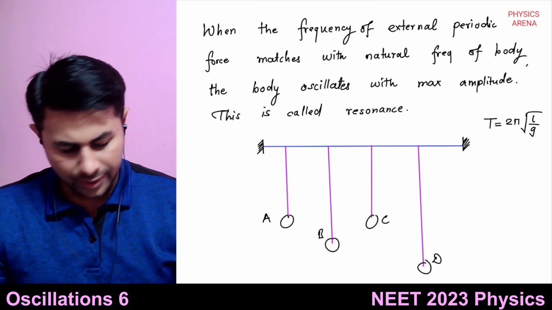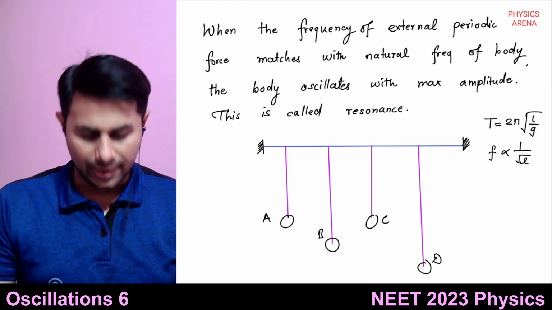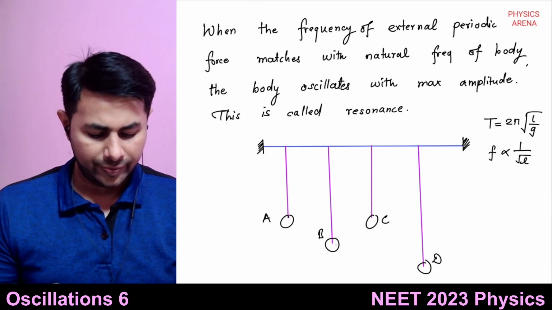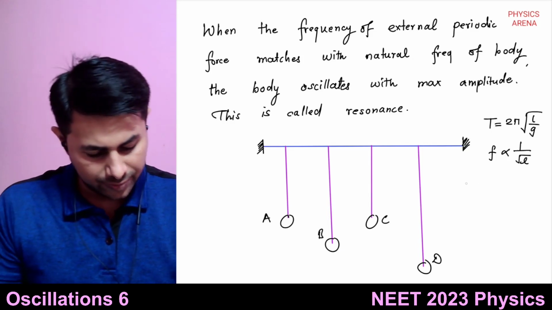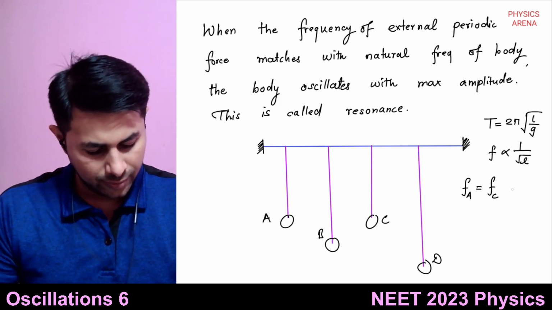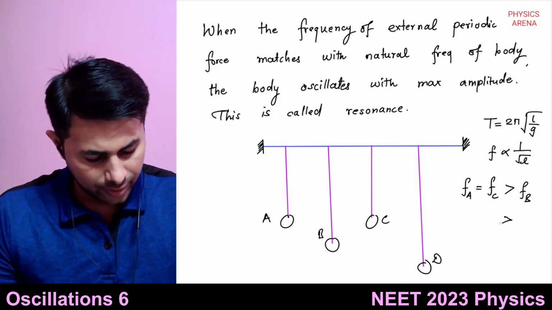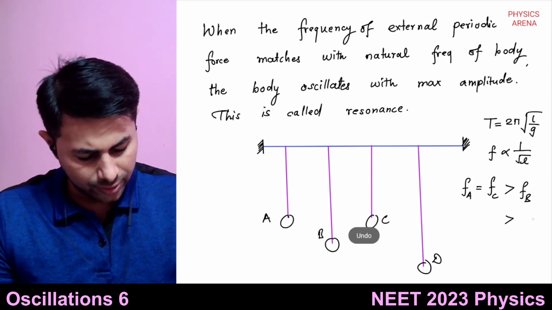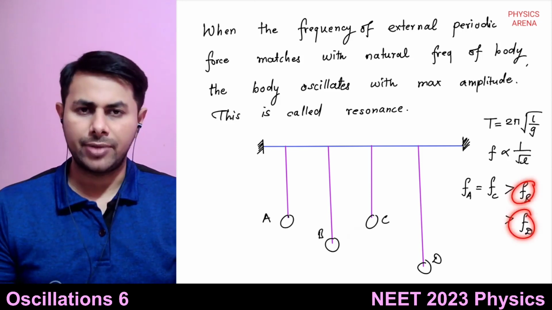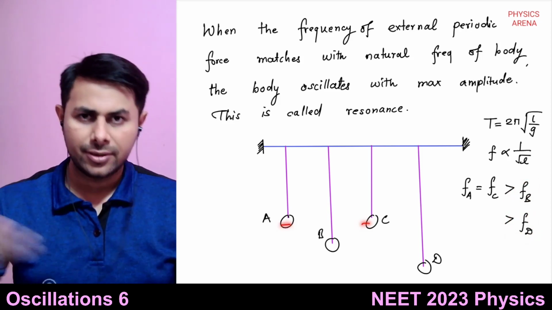Since frequency is inversely proportional to root of L, FA equals FC, which is more than FB, and more than FD. FB is also more than FD. FA and FC are the greatest.